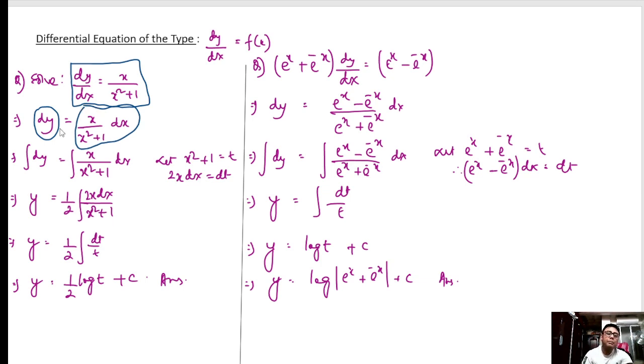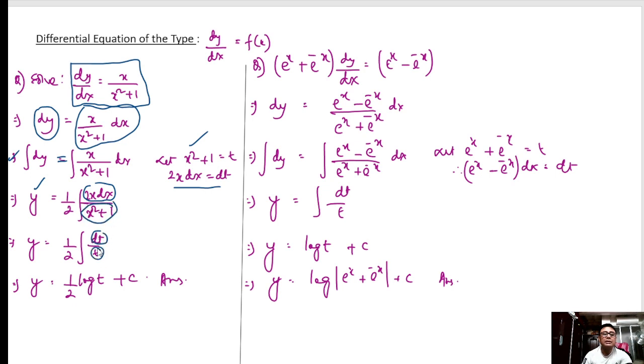Now put an integration sign before both. Integration of dy is y. And now how to integrate the other side? Let us take x square plus 1 as t, so it comes out to be 2x dx is dt. So this is 2x dx, which is dt, and this was t.